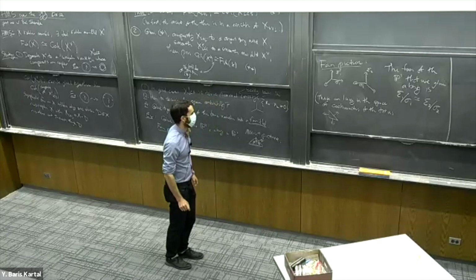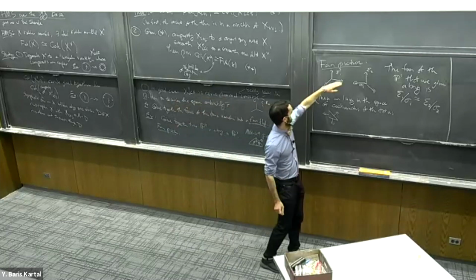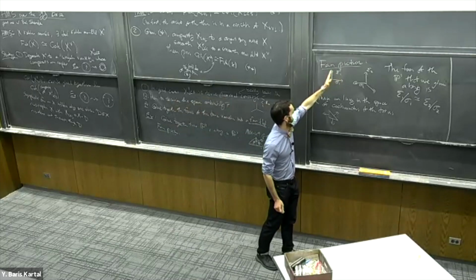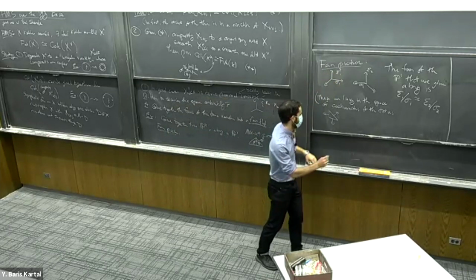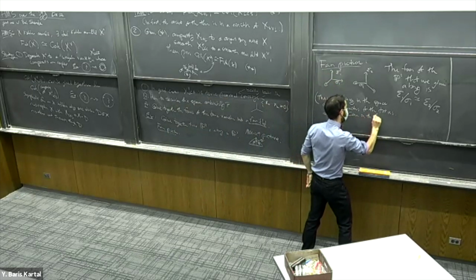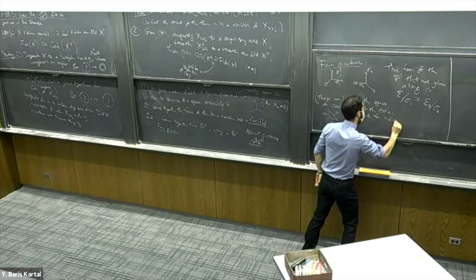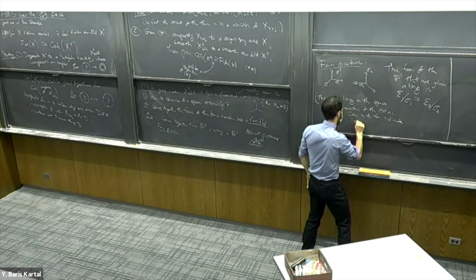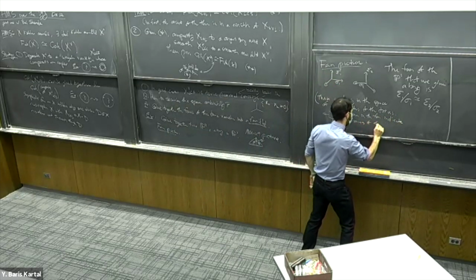The other thing I could say is that the directions in the fan indicate the different possible limit points that you can go to. Cones in the fan indicate limits of the torus action.